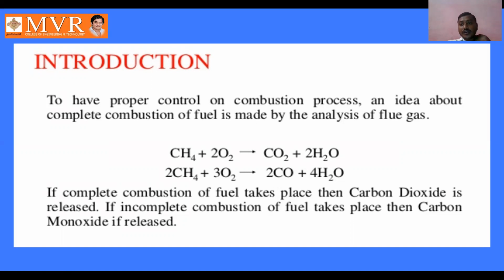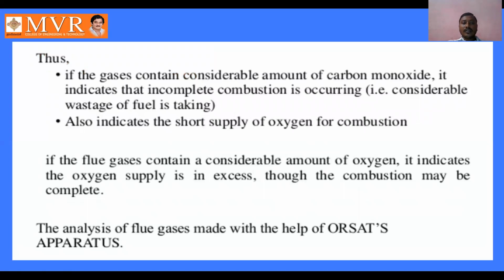We need to observe the difference here: in the combustion chamber, if the combustion is complete, the gas released is carbon dioxide. And if incomplete combustion has taken place, carbon monoxide gas is released.